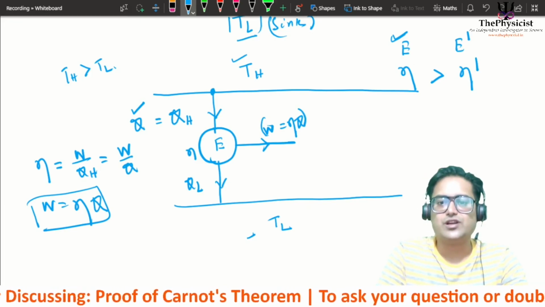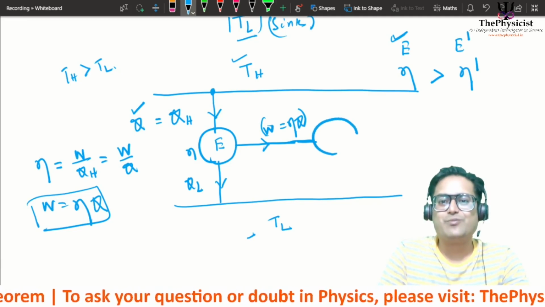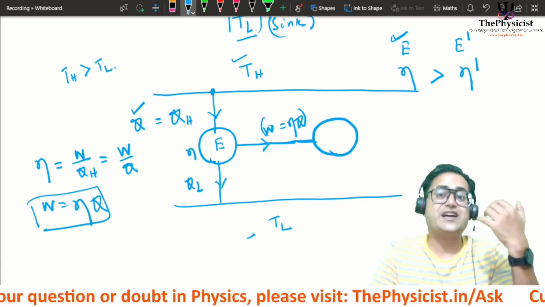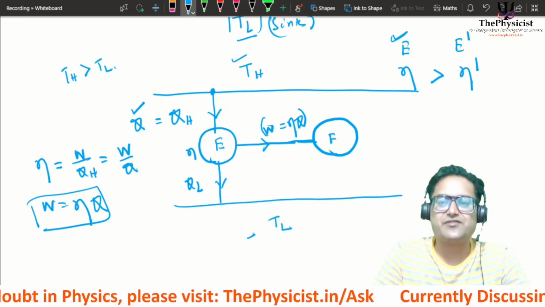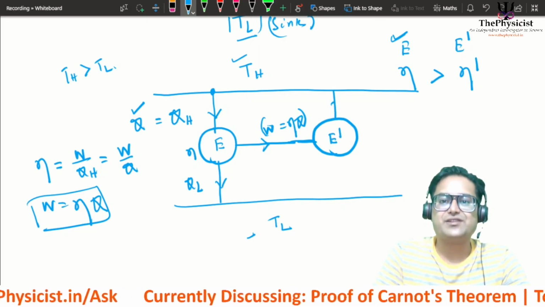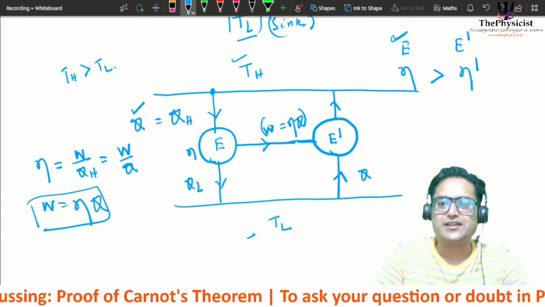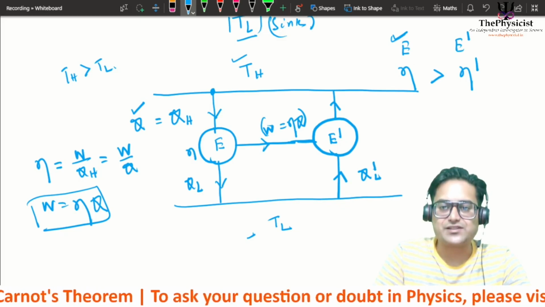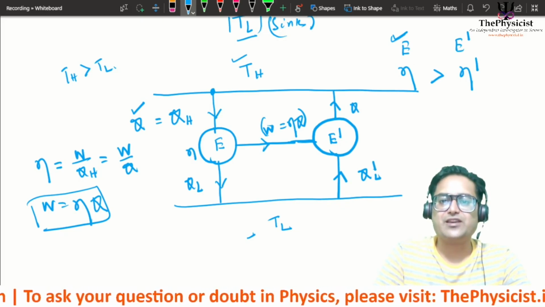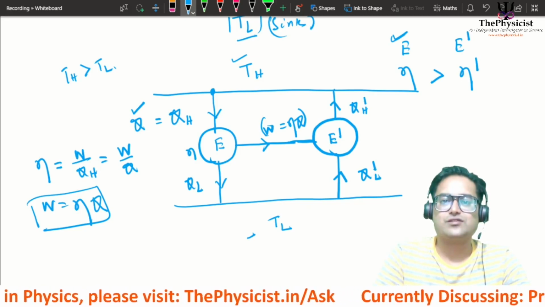Clear? Understood? Now the same work, if I supply it to the other engine, which I have assumed is the less efficient engine, E dash, this engine will be taking some heat QL dash from the sink and supplying QH dash to the source, right?